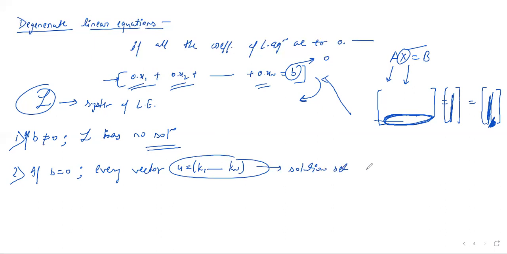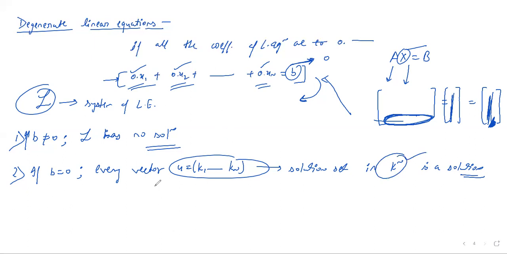So every vector u in K^n is a solution, because this equation is satisfied by all vectors: the coefficients are 0 and the corresponding result b is also 0.